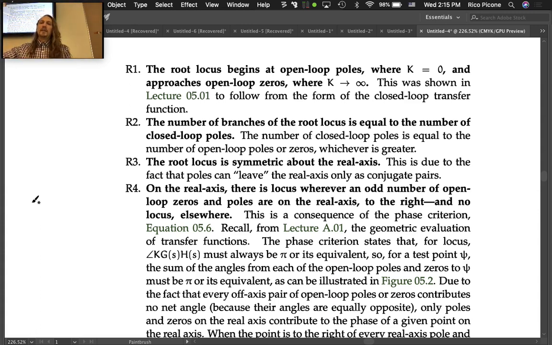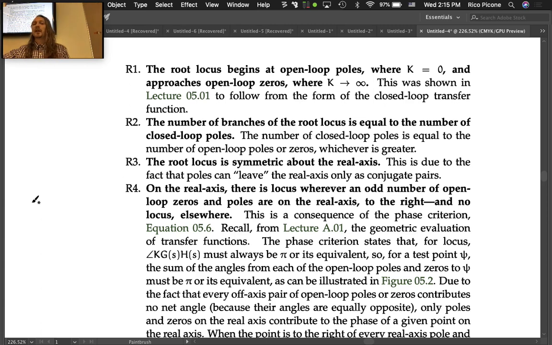When you have the gain set to 0, they begin at the open loop poles, and then they proceed to the open loop zeros. That's a really good rule to remember, that the root locus is going to start at open loop poles and go to open loop zeros.